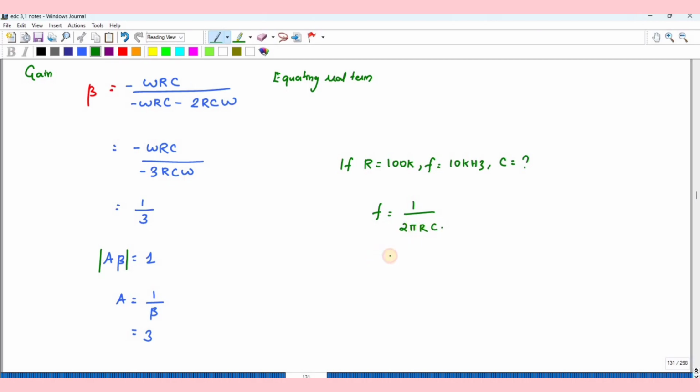So I need to find the value of C, which is equal to 1 divided by 2 pi, F is 10 kilohertz, that is 10 into 10 power 3, and R is 100 into 10 power 3. On solving these two values, I will get 159 picofarad. Pico means 10 power minus 12. So this is the value of C.